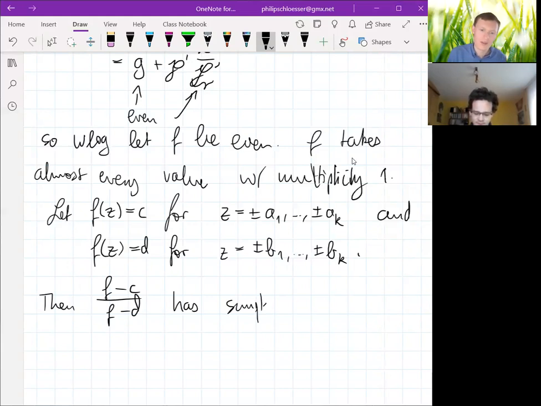Has simple poles in, well, plus or minus a1 until plus or minus ak, and simple roots, and the same with the b's. Sorry, should be the other way around, of course.